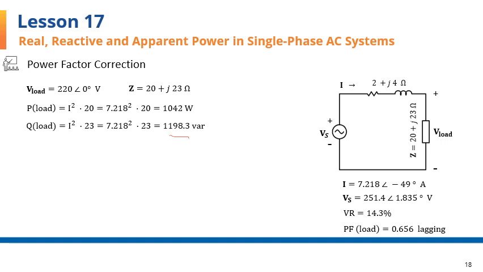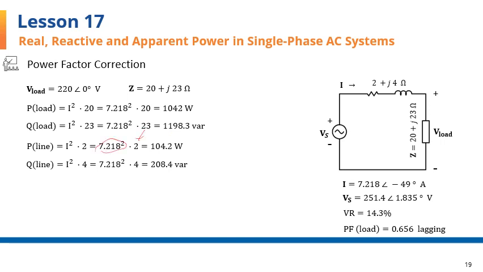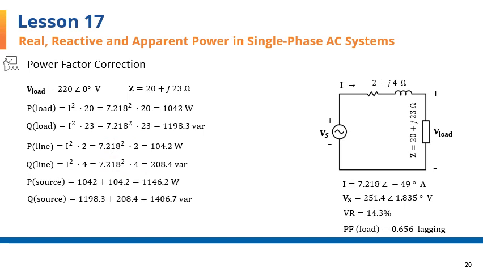So again, current squared times 2 gives me the real power loss of the line, and current squared times 4 gives me the reactive loss in the line. These are the results so far and their calculation.